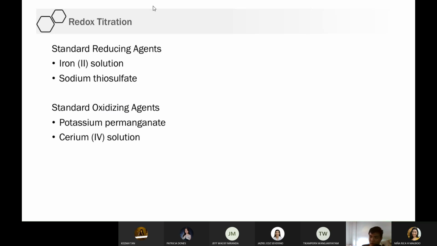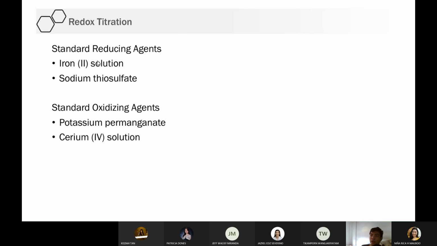In the laboratory, the common one I used was potassium permanganate because cerium ion solution is quite expensive. Potassium permanganate is actually cheap. It is used as an oxidizer in fireworks, so it is relatively cheaper than this, and we use this instead of this.